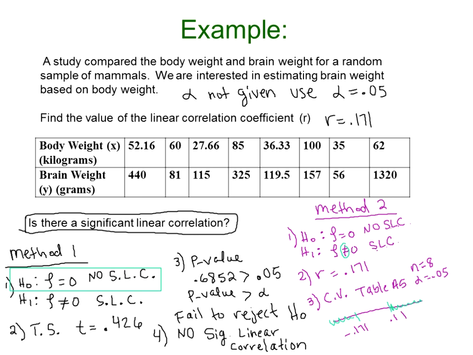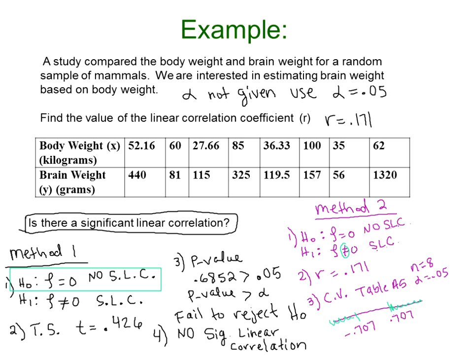I just realized it when I was putting it at the bottom. All right, what was our critical value? Do you remember? I circled it on the table. Okay, so I just corrected that. So that's the value that I circled on the table. That's what I should have written there. Okay, so that's our critical value.